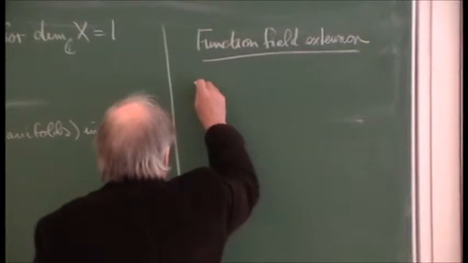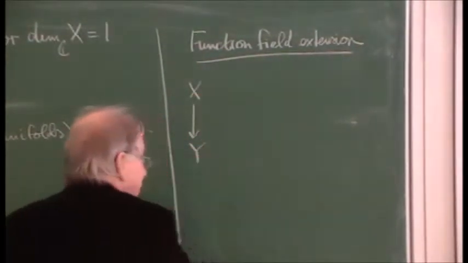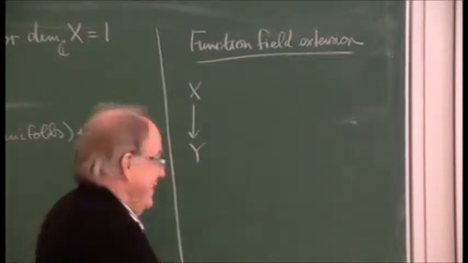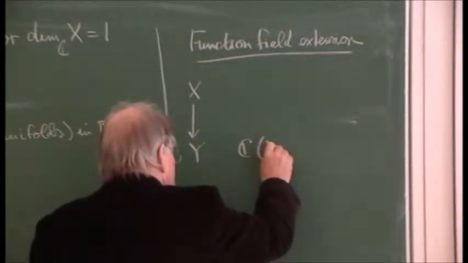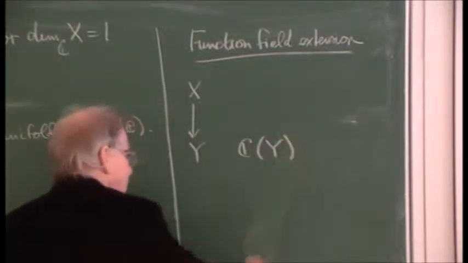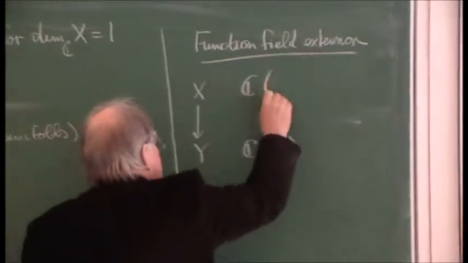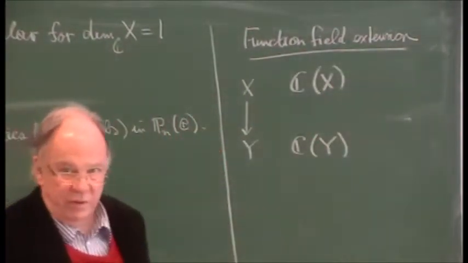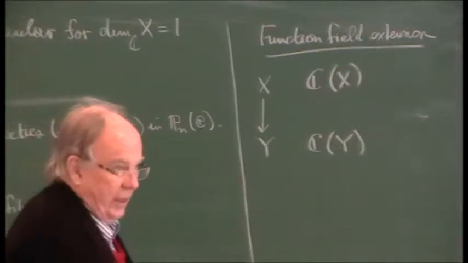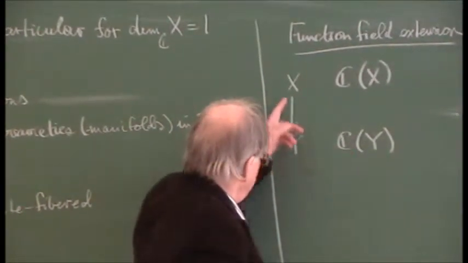The reason I write X over Y is that you have a function field downstairs, Y, and a function field upstairs, X, fields of meromorphic functions. And of course, if you have a function on Y, you can lift it to X.